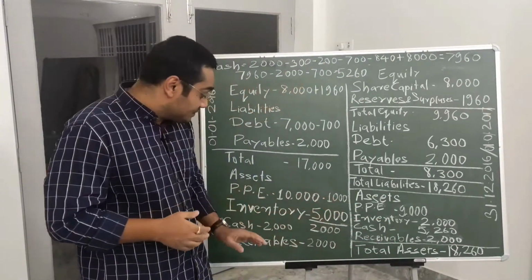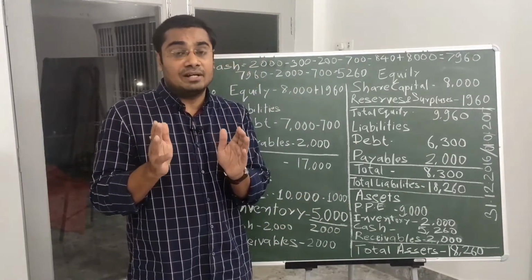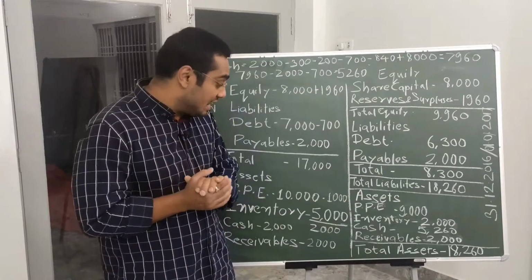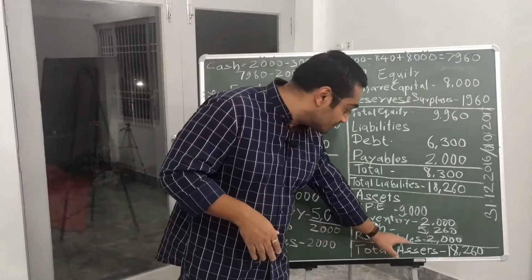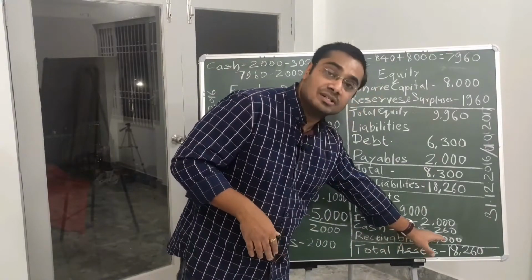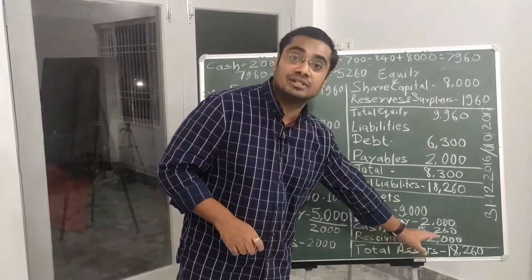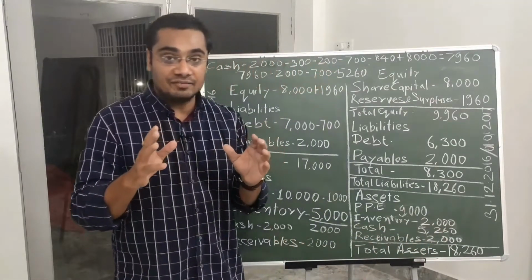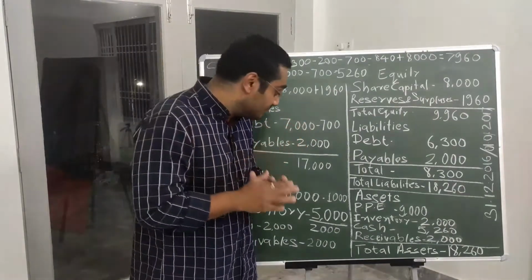We had seen that last year, out of 10,000 revenue, the company earned 8,000 revenue as cash and 2,000 revenue as credit sales, which has been recorded here for this year at 2,000 rupees, thus giving us total assets of 18,260 rupees. Again we see that our equation of the balance sheet is balanced here.